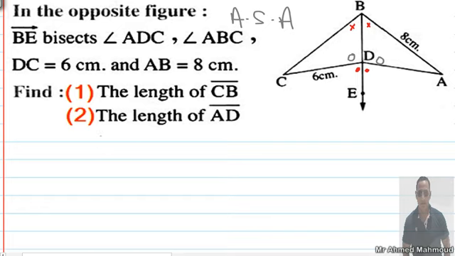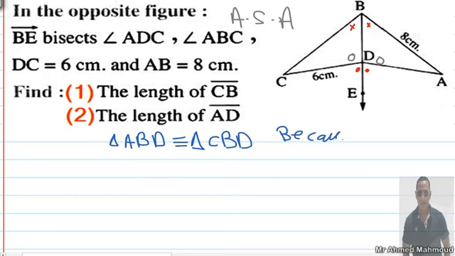Okay, now we can prove that the two triangles are congruent like this. Triangle ABD is congruent to triangle CBD, because number 1, angle ABD is congruent to angle CBD.